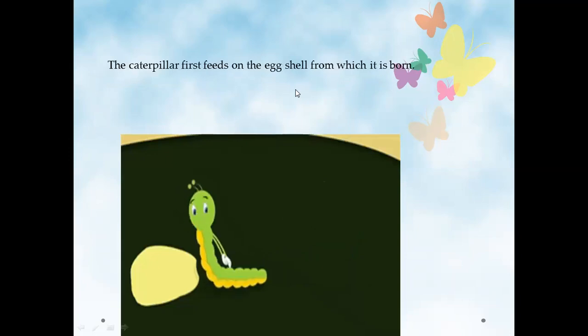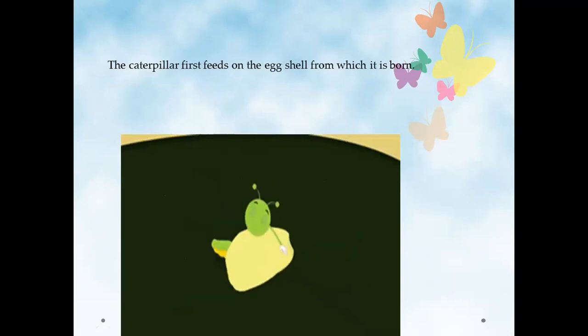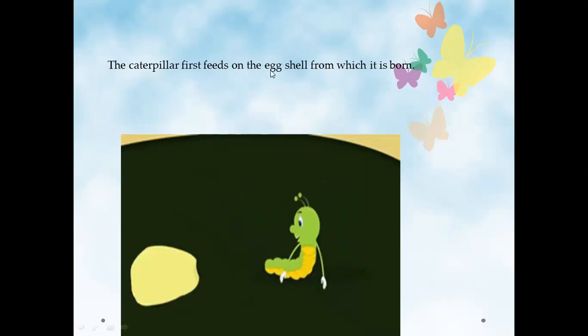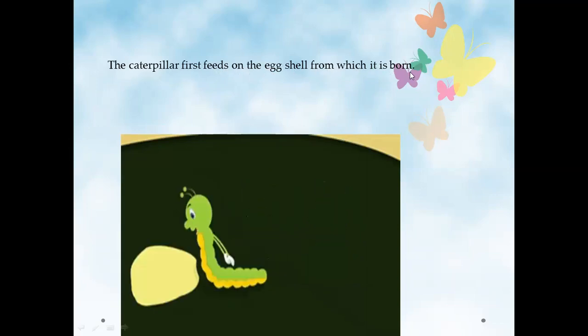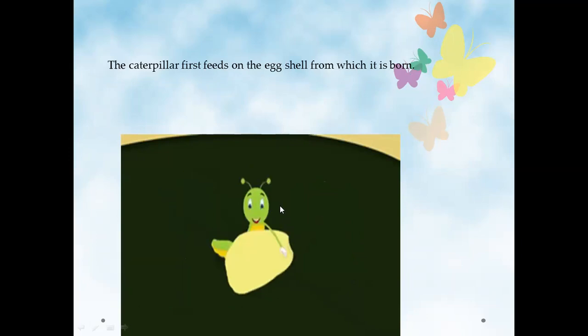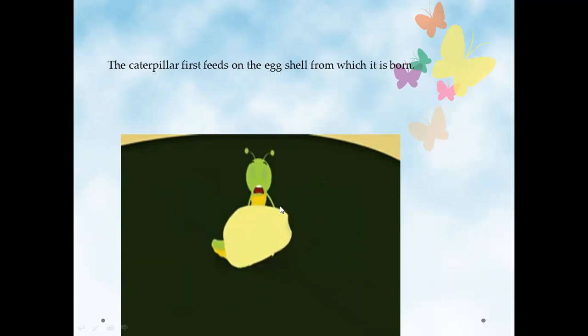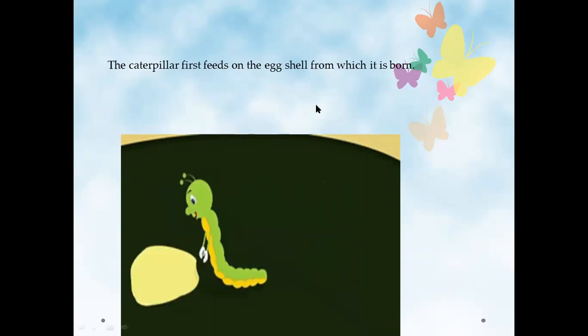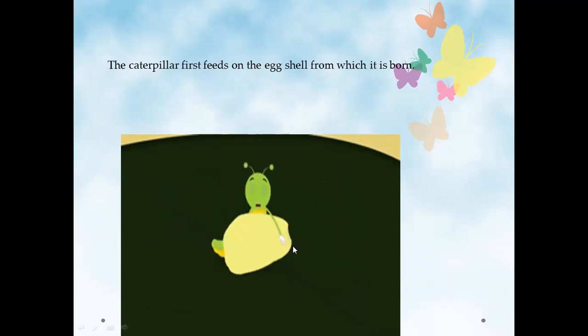Now what happened in the new stage, new step? The caterpillar first feeds on the eggshell from which it is born. What happened in this stage? In this stage, the caterpillar feeds on the eggshell from which it is born.